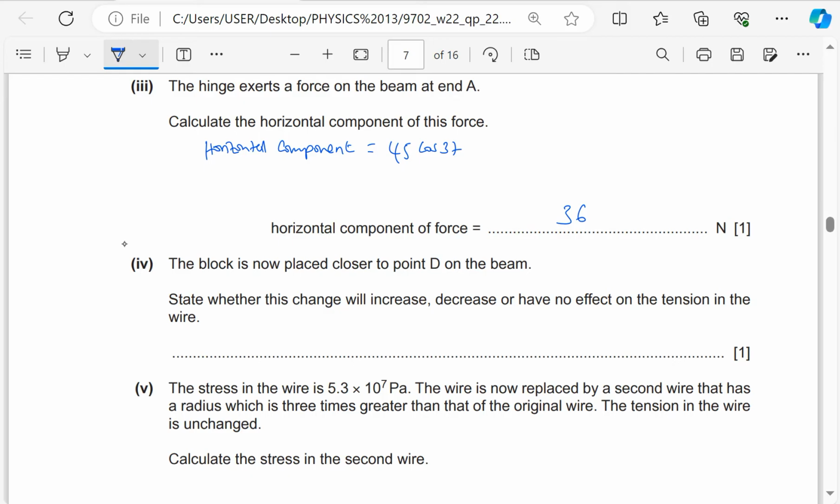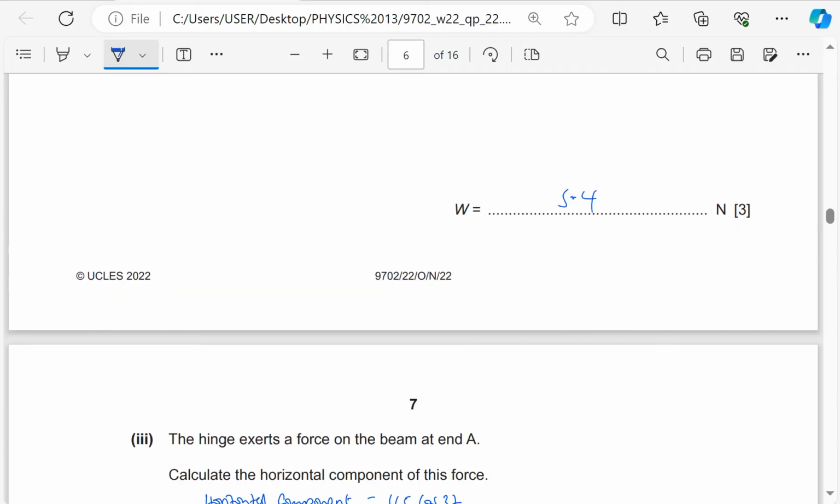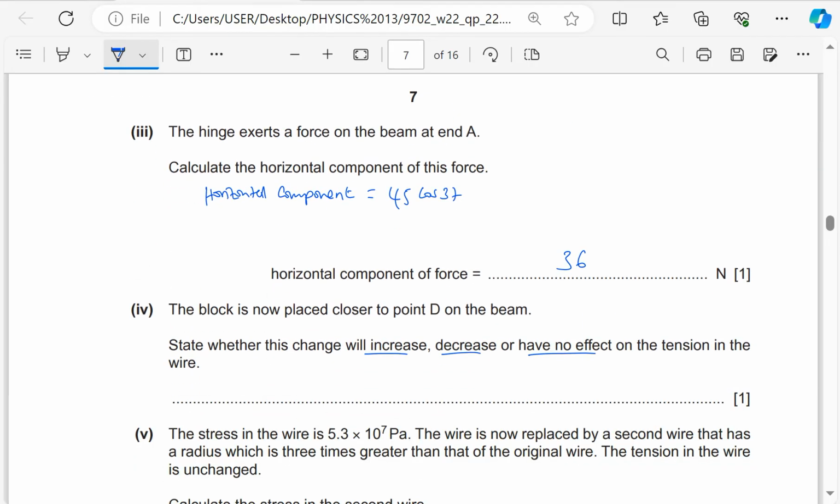The block is now placed closer to point D on the beam. State whether this change will increase, decrease, or have no effect. Let's check. So I'm going to quote the same working that we had before. Remember, the weight W is remaining constant, and we got it as 5.4. So I'll say 5.4 times its perpendicular distance.